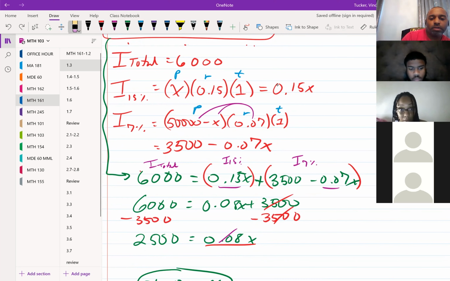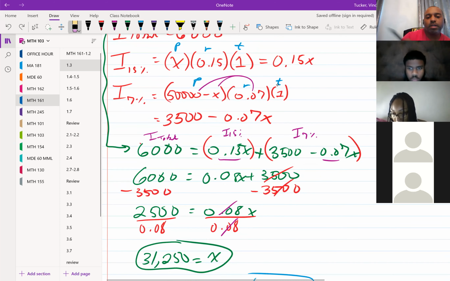And that will give us 2,500 equal to 0.08x. And divide by the 0.08. And that gives us 31,250.